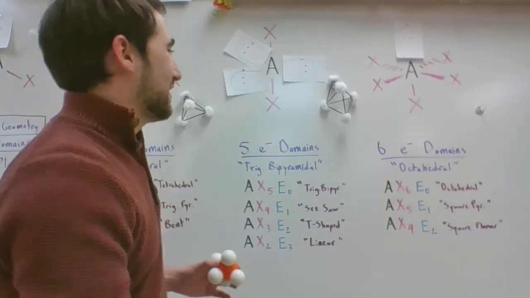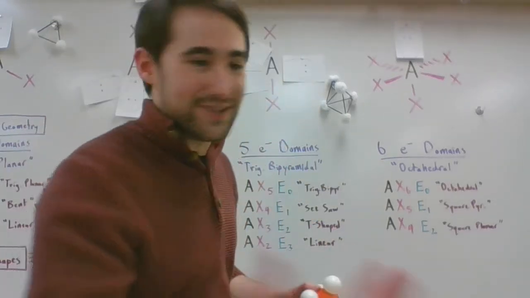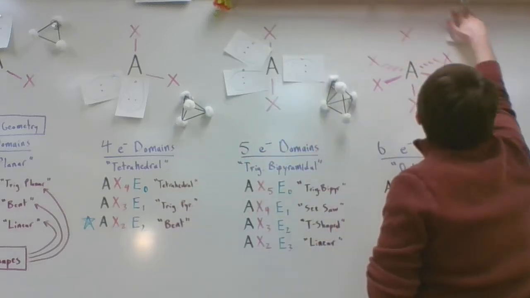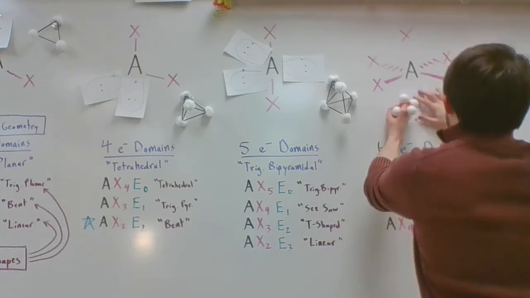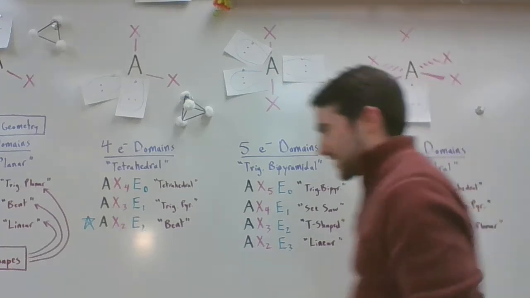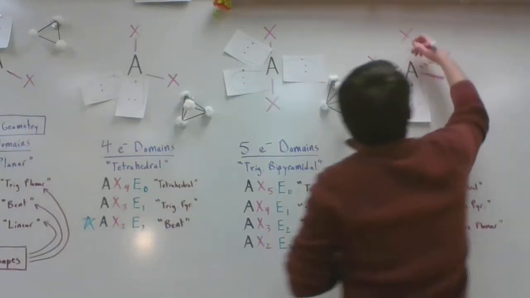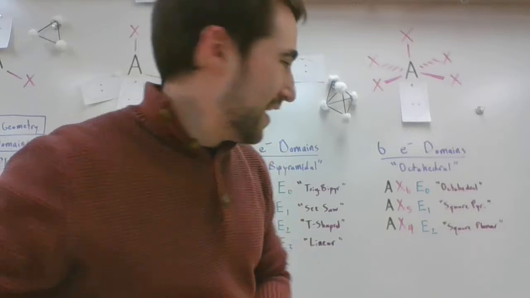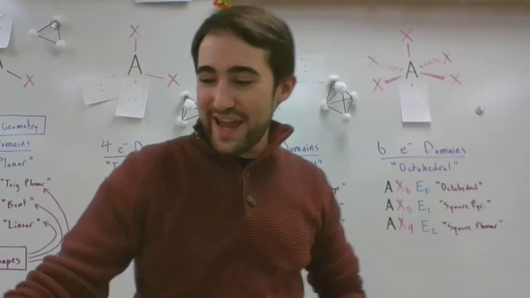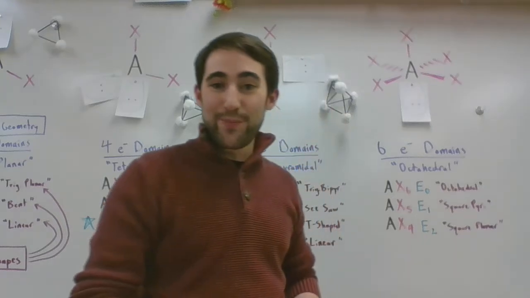Typically, we like to turn it over like this, so the shape is a little easier to understand. Let me actually do that. Let me put it down here first and redraw that line. So AX5E1, or just AX5E, is what we call square pyramid or square pyramidal.